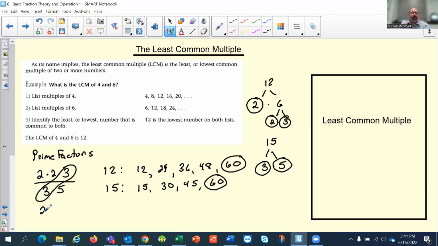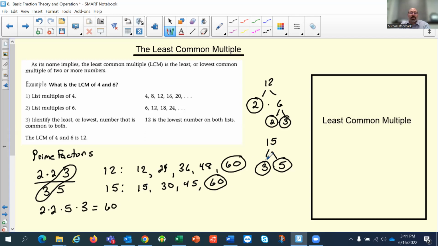So if we take the numbers they don't share and we use them all, and then we just take 1 time the number that they share, and you multiply that together, it's kind of interesting what happens. You have 2 times 2 is 4, 4 times 5 is 20, and 3 times 20 is 60.